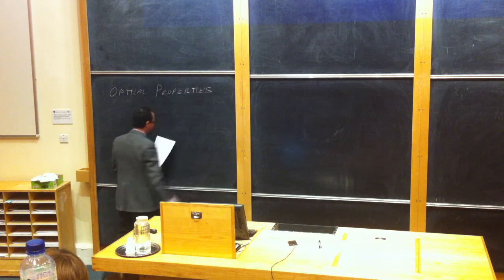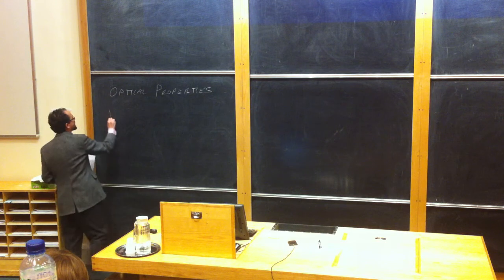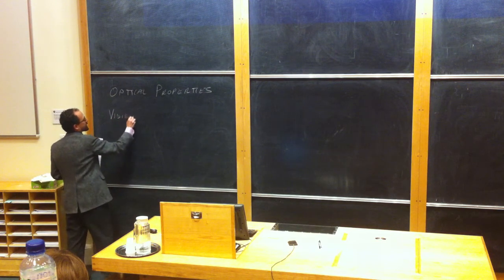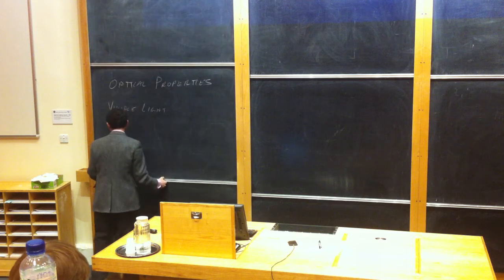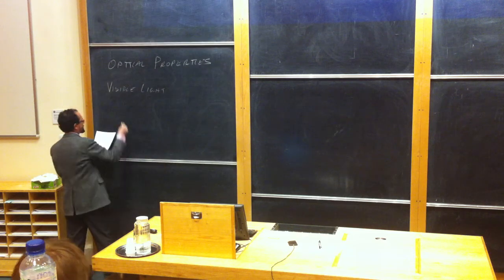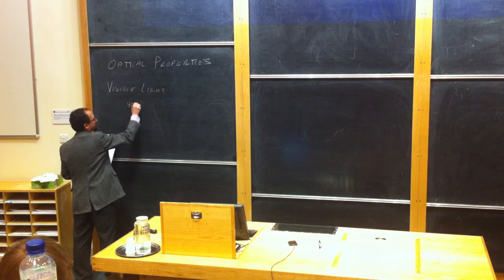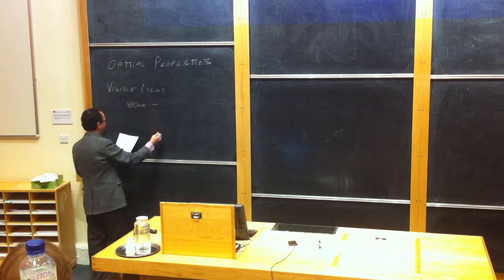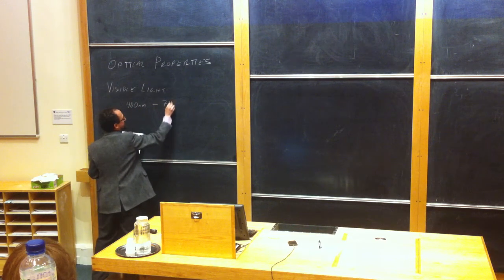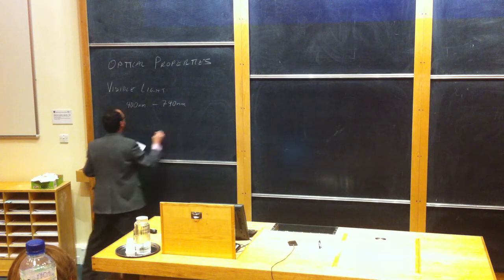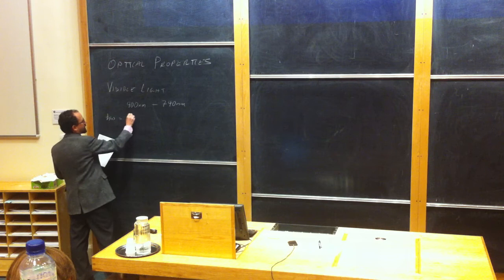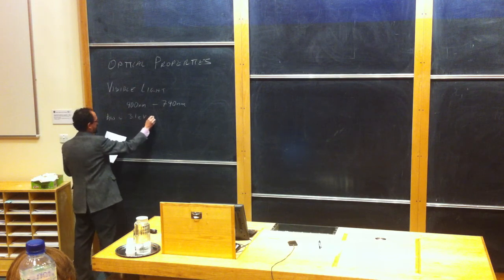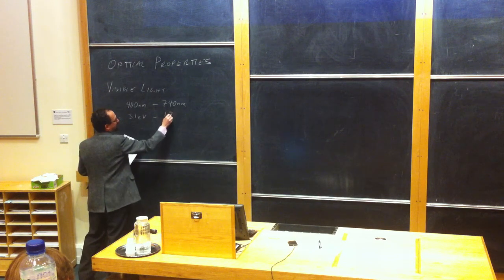Just to remind you of things that you already know, visible light ranges from about 400 nanometers to about 740 nanometers, corresponding to energies of about 3.1 eV to about 1.7 eV.